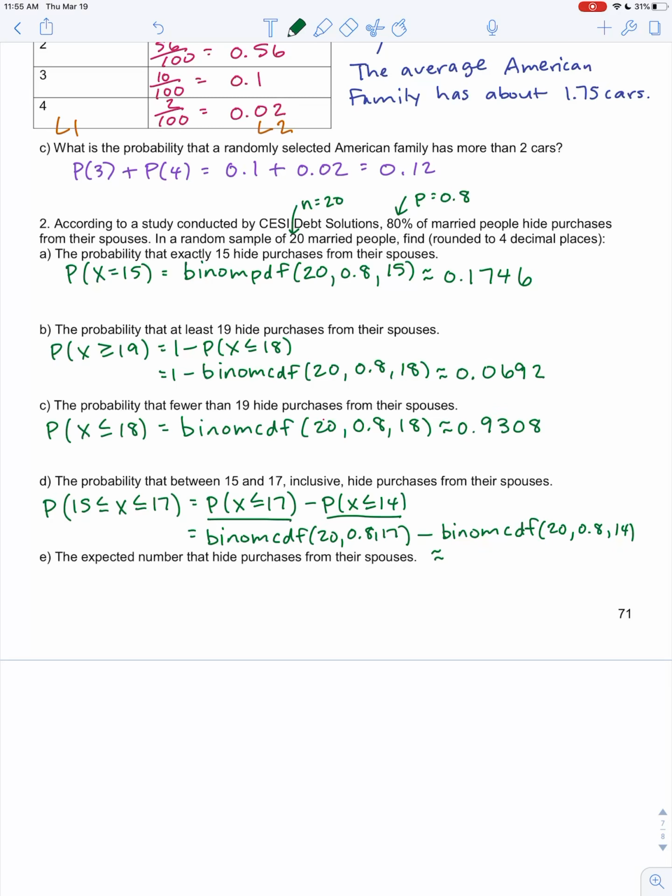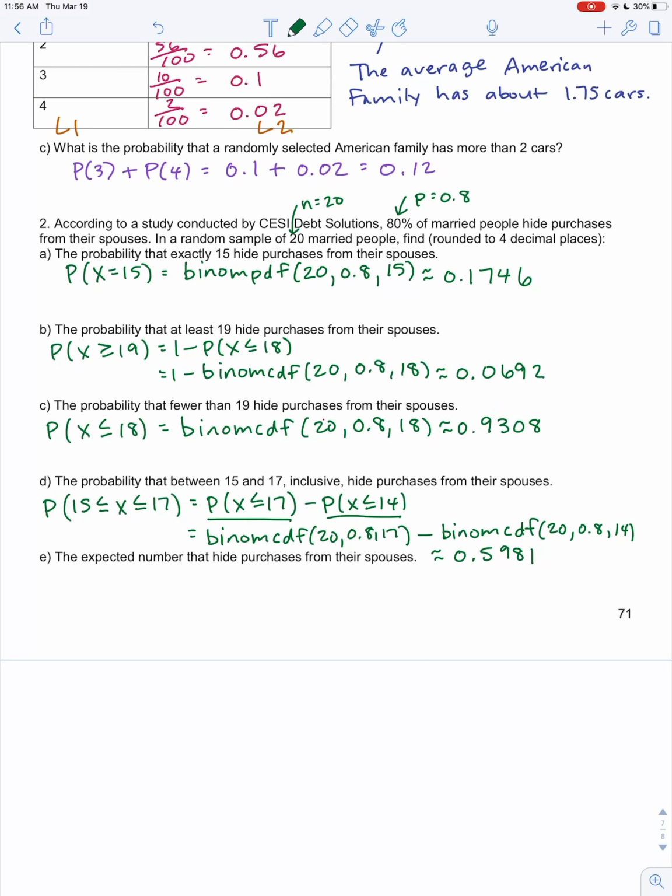Okay, so I'm going to type this all in one line on my Binom CDF. 20, 0.8, 17, and then minus, and then another Binom CDF. Oops, where is it? All the way down here. B. Okay. 20, 0.8, 14. Okay, so I'm getting about 0.5981.